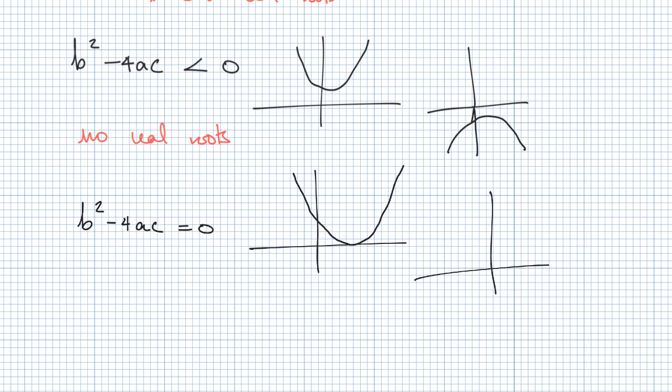It can go that way, or it can go that way. So it just touches the x-axis, and in this case we say it has 2 equal roots. But really and truly, it's got one root. It's just a repeated root. So 2 equal roots is what we say we're going to have.